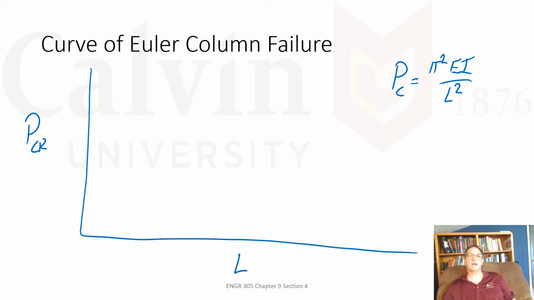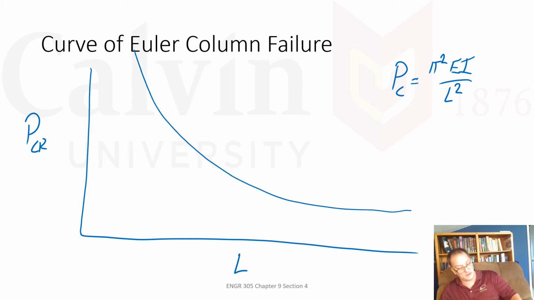What happens as my column gets shorter? What happens as it gets really short? Well, that plot is going to go off to infinity as this gets shorter. It goes to infinity and beyond. So if I have a very, very short column, P critical goes to infinity.